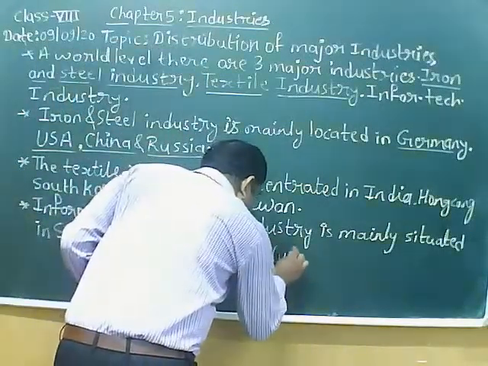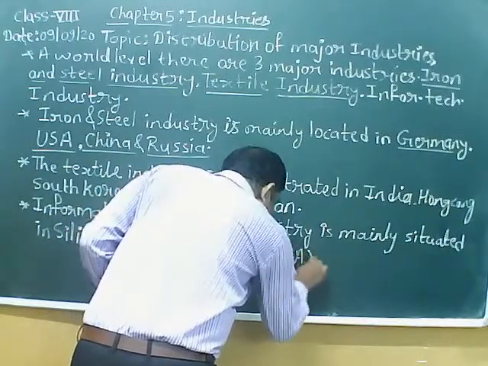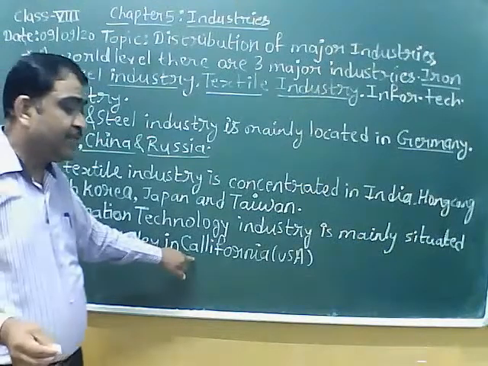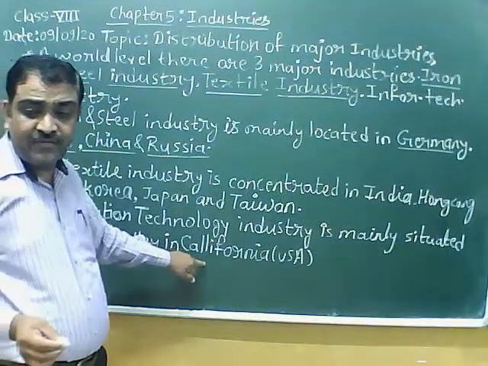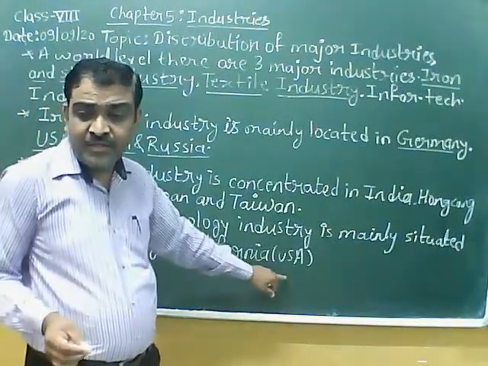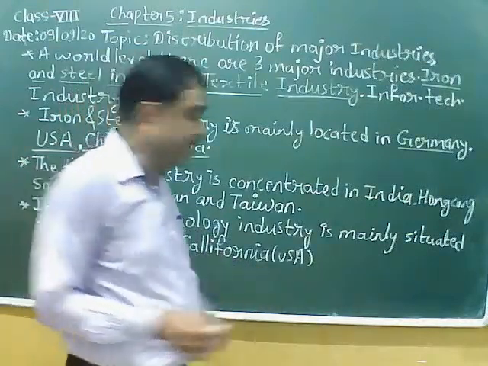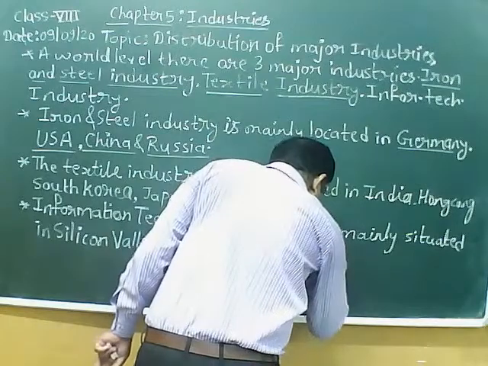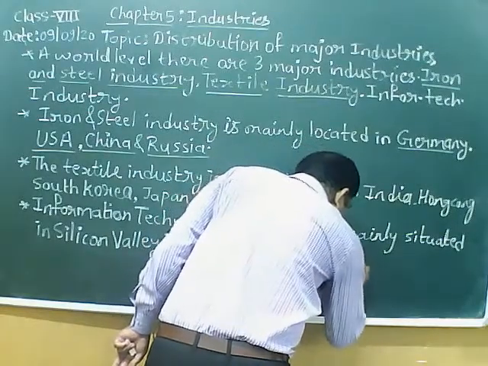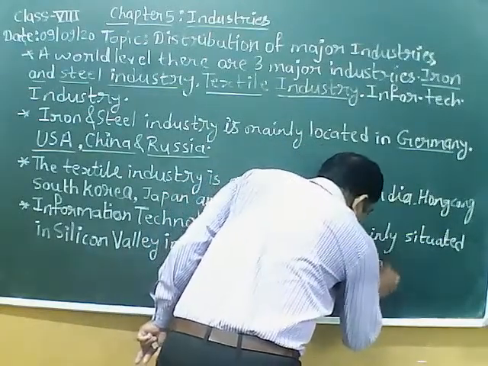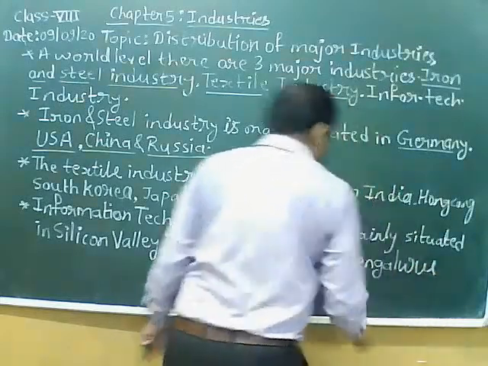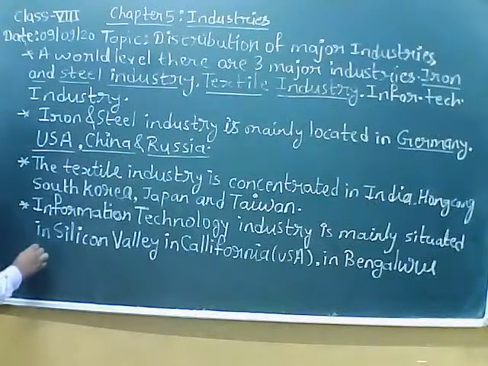So the Silicon Valley is situated in California. California is the name of the state in USA. Got it? At the same time, it is also there in Bangalore, in India.